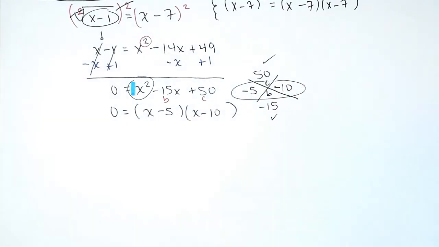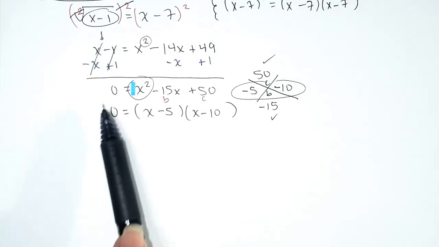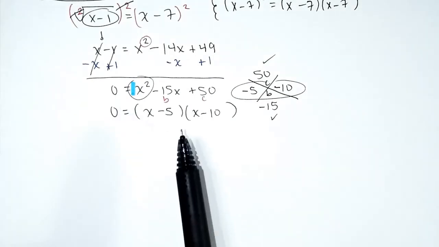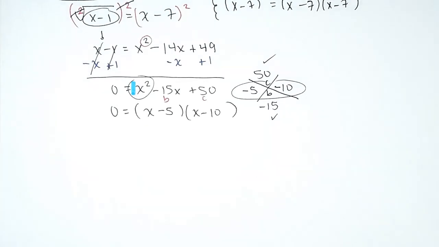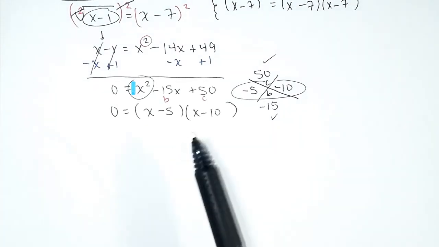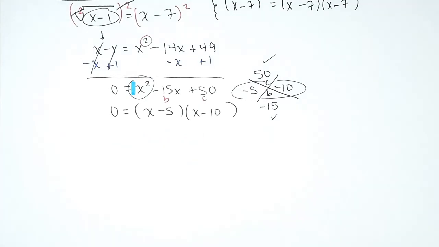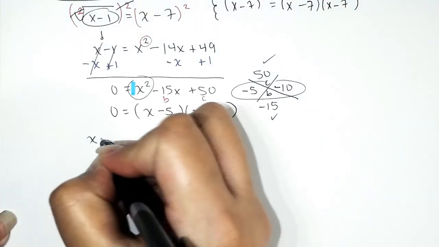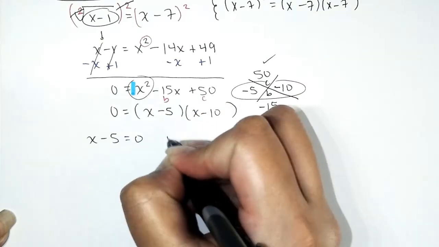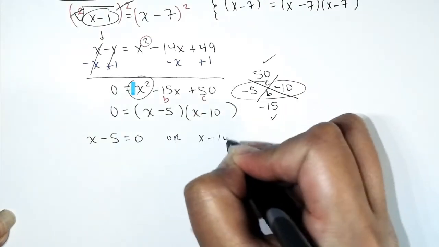To solve a quadratic equation by factoring, step number 1, set the equation equal to 0, factor completely, and then apply the zero factor property. If a product equals 0, there's no way around it. One of these factors will have to equal 0. Either the first factor equals 0 or the second factor equals 0.